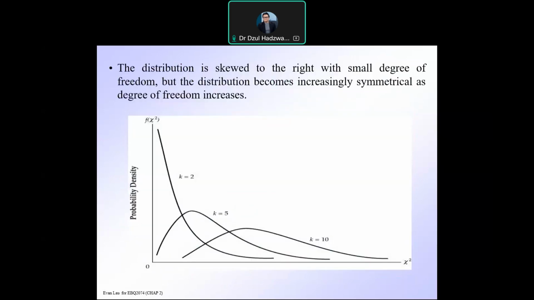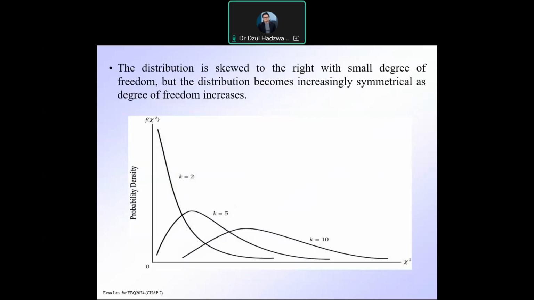Another thing that you need to know here: if you are using the chi-square, be careful with the degree of freedom. The way you make a decision about whether it is significant or not, we need to refer to the degree of freedom.